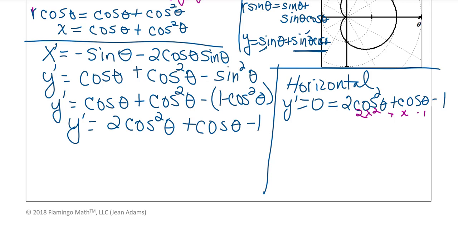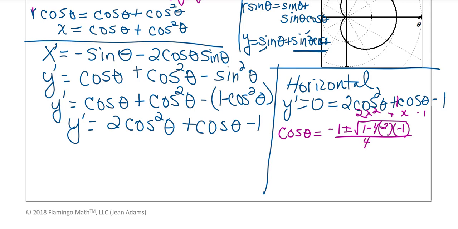So I'm going to say that cosine theta is going to equal negative b, which would be negative 1, because I have a 1 in front of the cosine theta, plus or minus the square root of 1 squared minus 4 times 2 times negative 1, and that's all going to be divided by 2 times a, and a is 2.